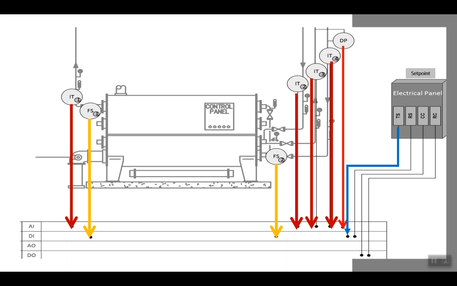Apart from the sensors located at the chiller, we need one digital input to read the trip status. If there is a trip in the electrical panel, we want to monitor the latest situation. The next one is to monitor the reset status of the electrical panel.